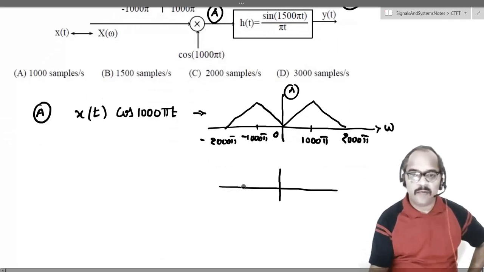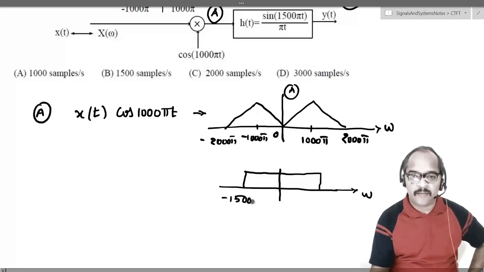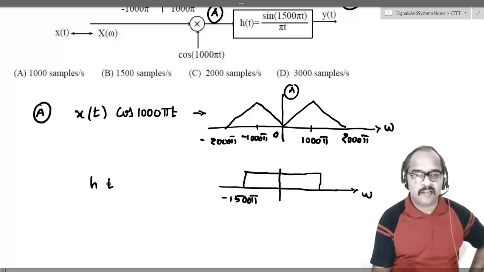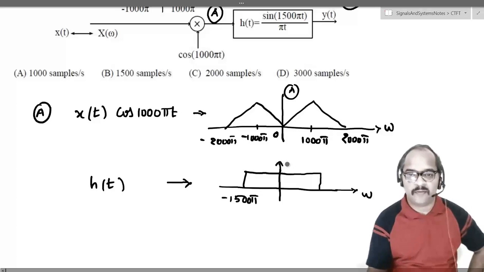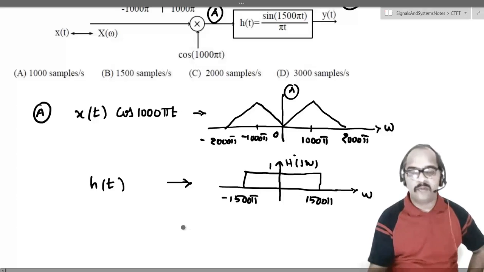It would be a rectangle from minus 1500 pi to plus 1500 pi, with amplitude 1.